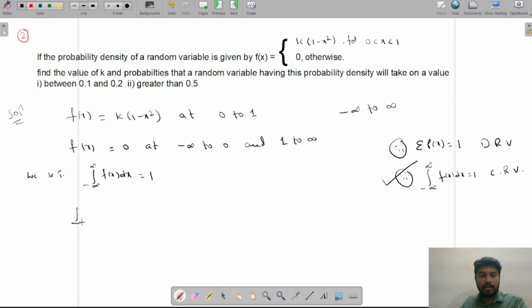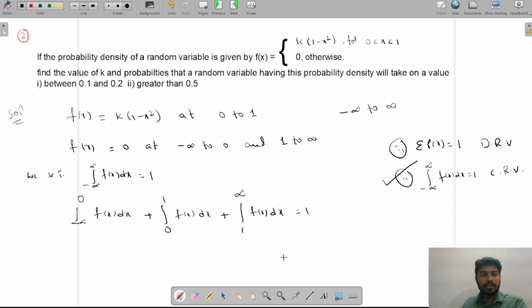Integration minus infinity to 0, this one I have written, f of x dx, plus integration 0 to 1, this one I have written now, f of x dx, plus integration 1 to infinity f of x dx, it is equal to 1 now.